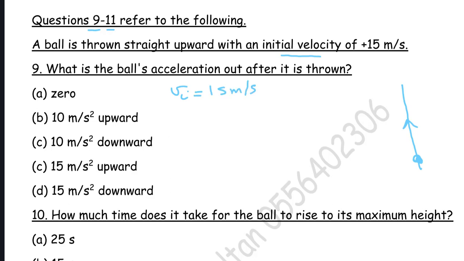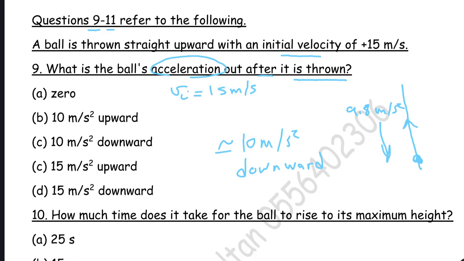What is the ball's acceleration after it is thrown? The acceleration is downward and it is equal to 9.8 meters per second squared toward the center of the earth, or approximately 10 meters per second squared downward.